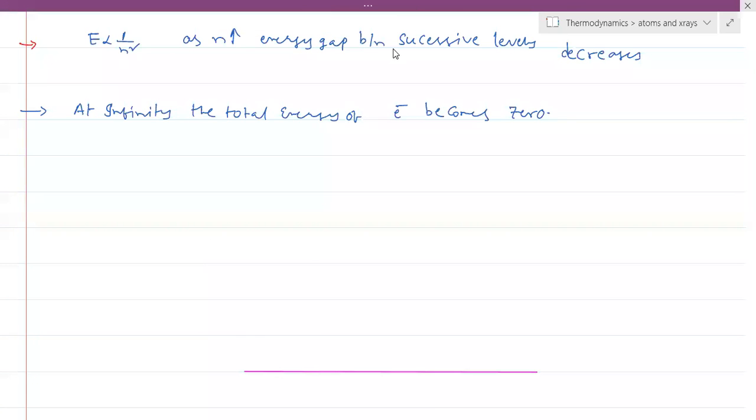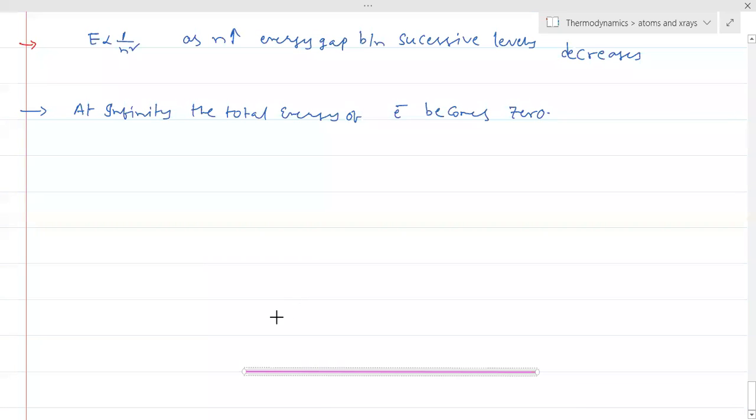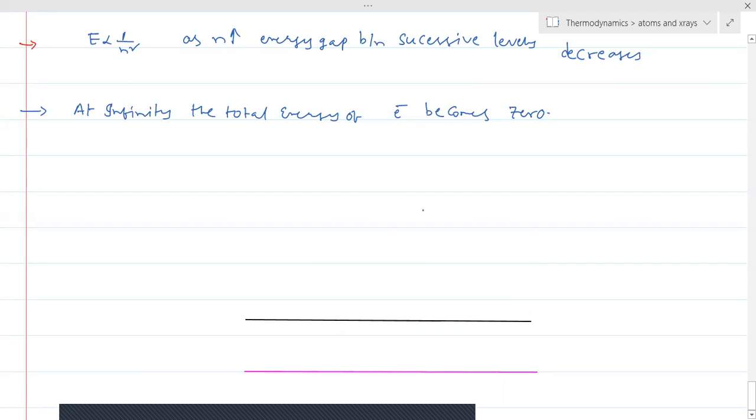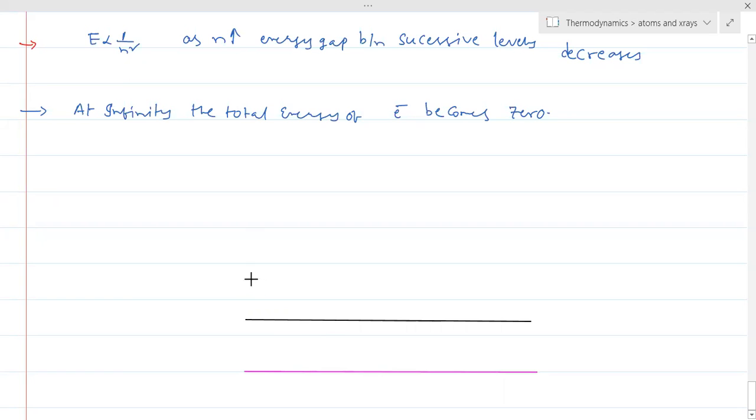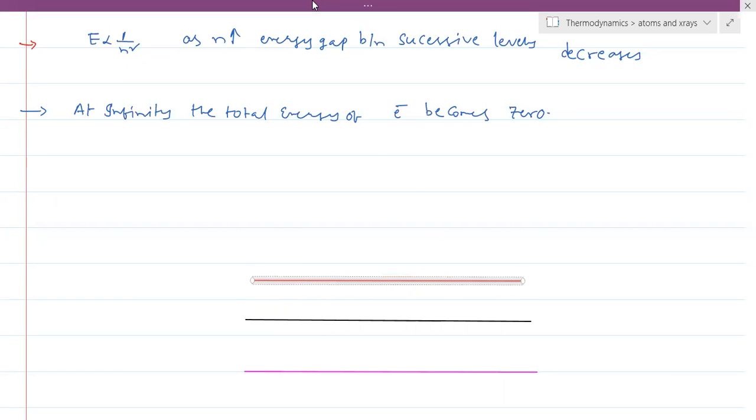Next, we take the first excited state, and next the second excited state.